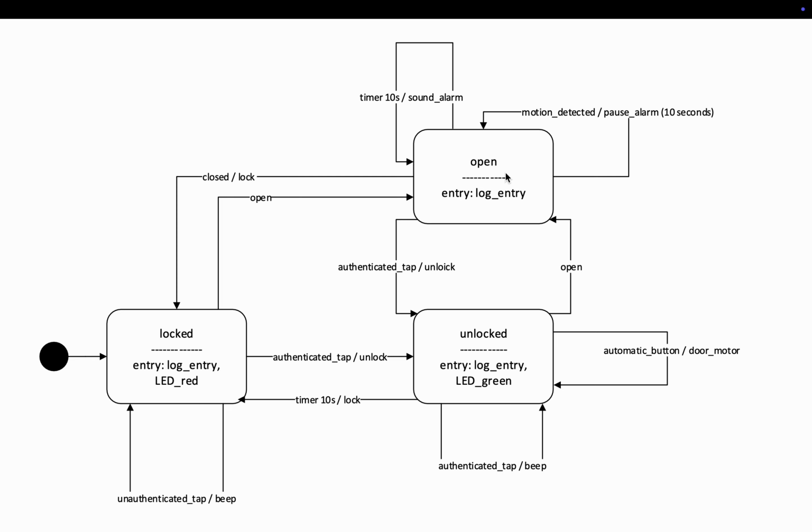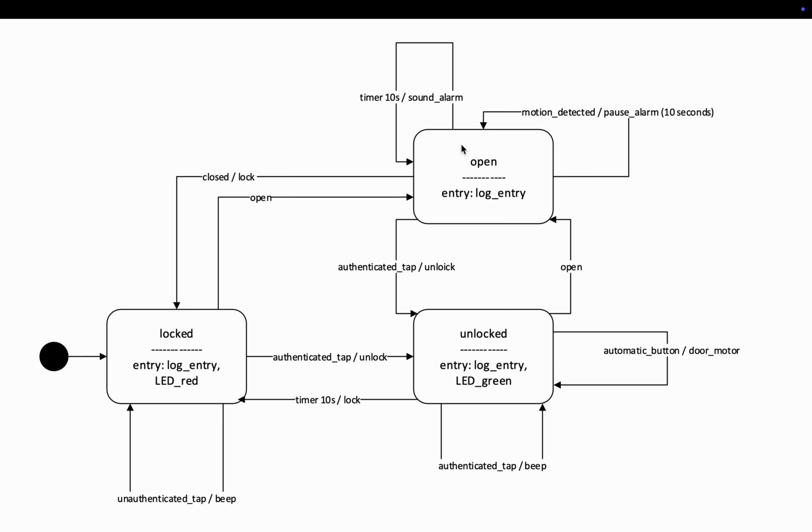Next, we have the case that we've got the door in an open state, but that's not really a reason for alarm always, so we need to mitigate that alarm by detecting motion on the inside of the door. And we can assume that if the door is open and someone is moving around on the inside, they need it open for a little bit longer than the 10 seconds.